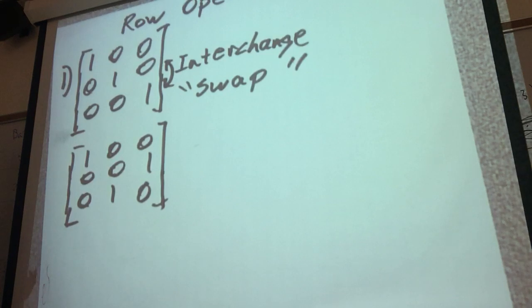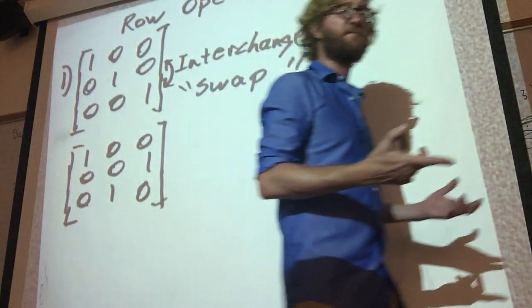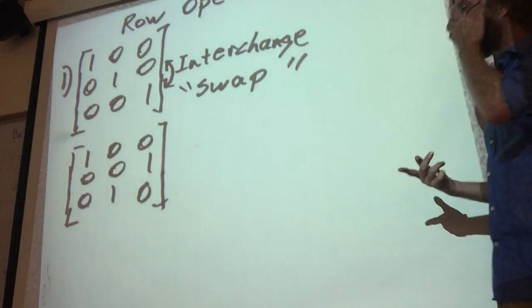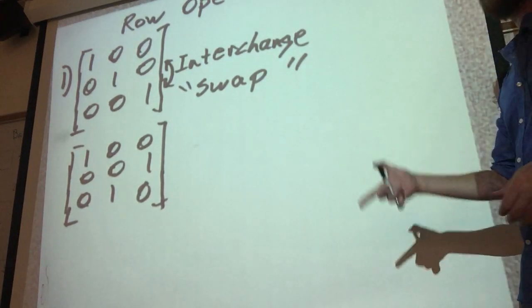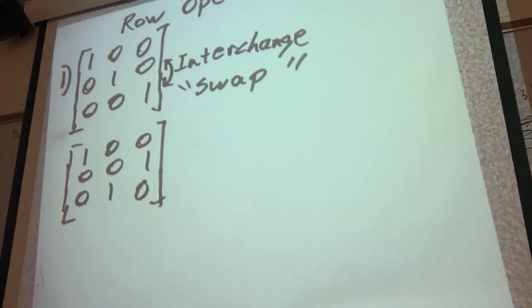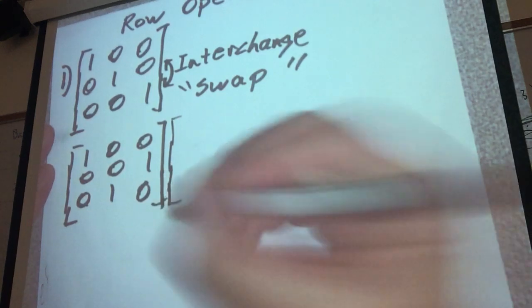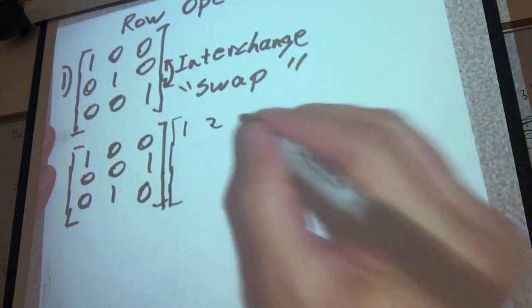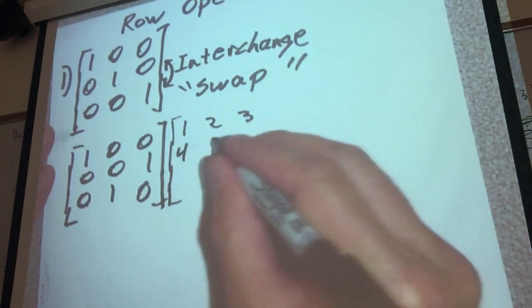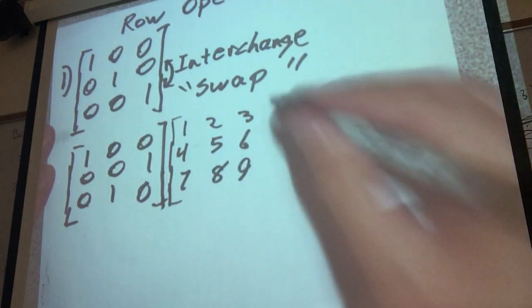And so then you have to think about what this elementary matrix would do if it acted upon a matrix. Okay, so we have a 3 by 3. And so let's have it act upon a matrix: 1, 2, 3, 4, 5, 6, 7, 8, 9.